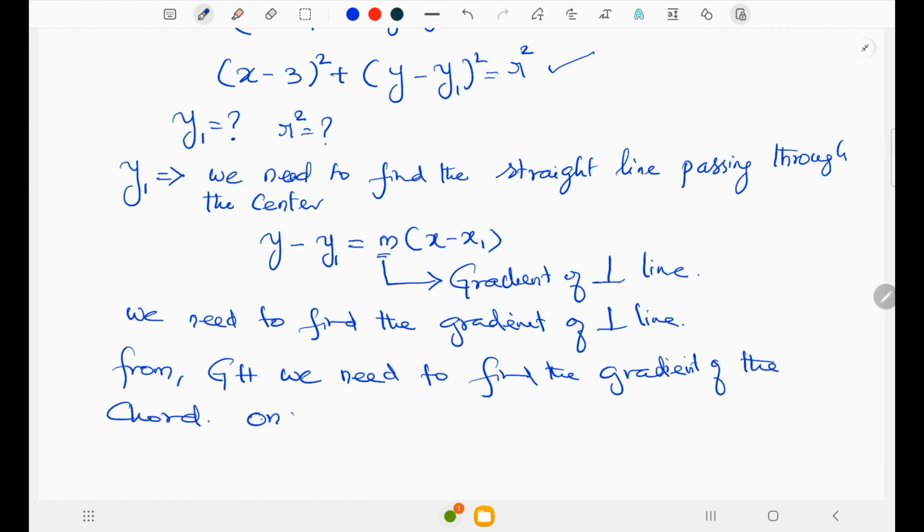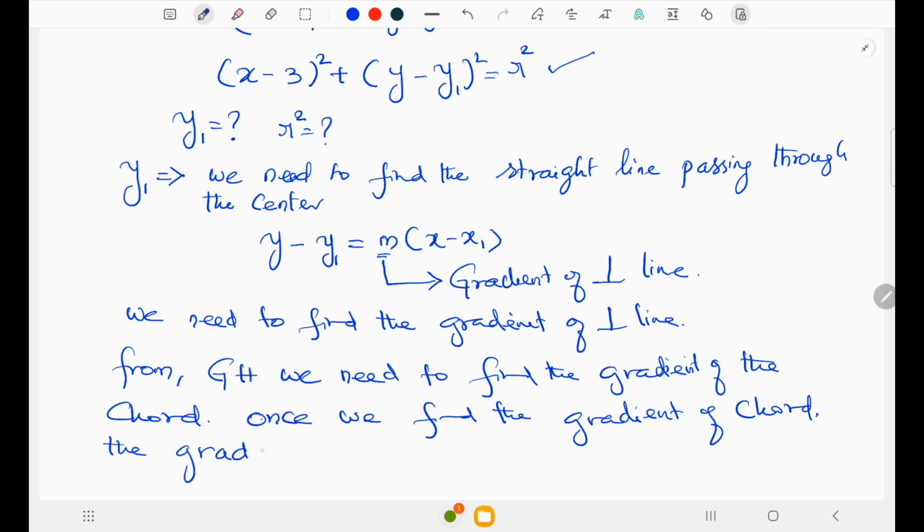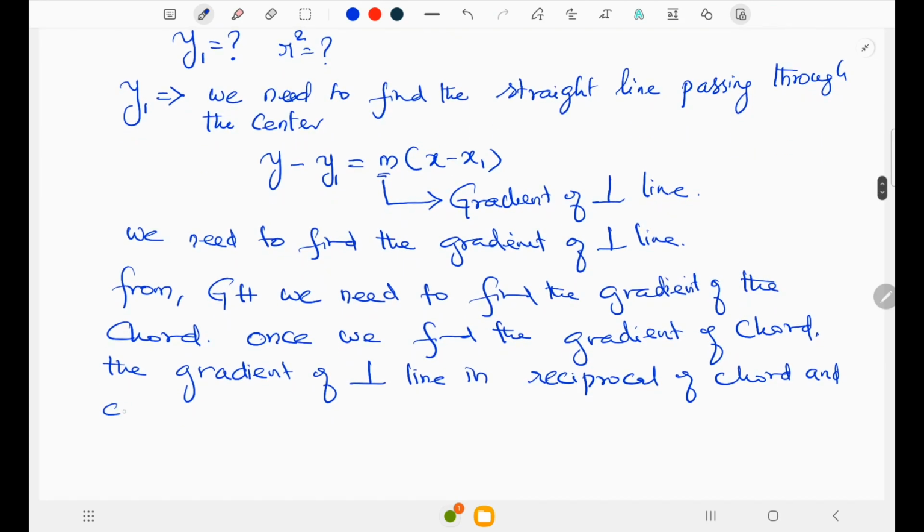Once we find the gradient of the chord, the gradient of the perpendicular line is the reciprocal of the chord's gradient, with the sign changed.